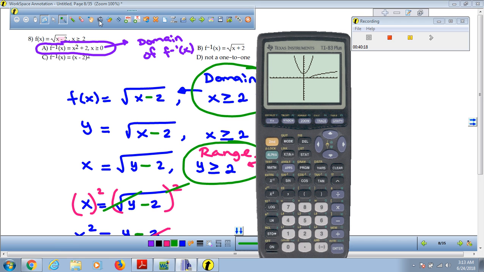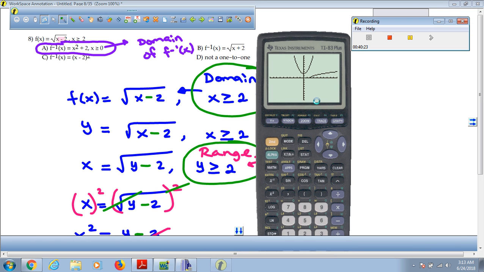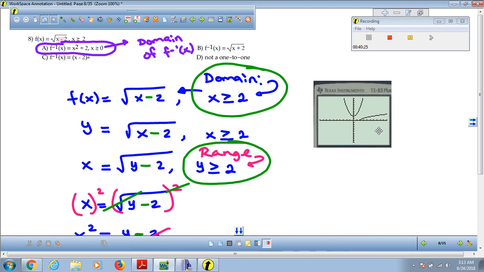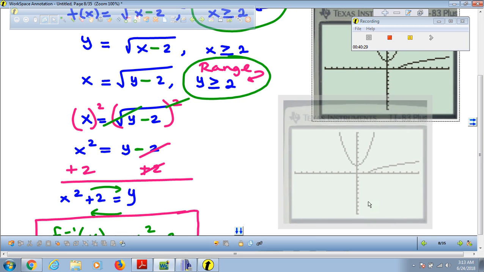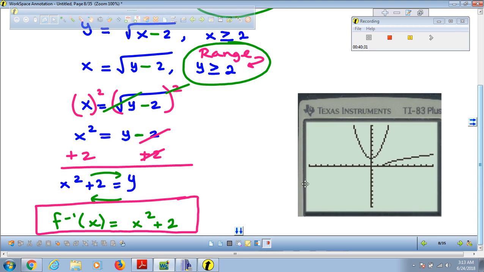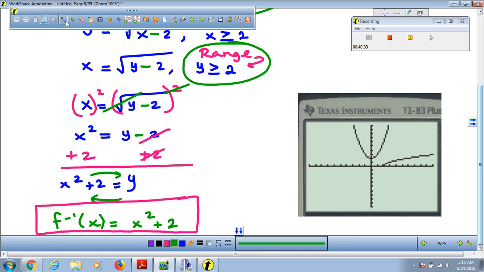Let me take a screenshot and add it here. So the range for this one, which is supposed to be the original, sorry, the original f of x.